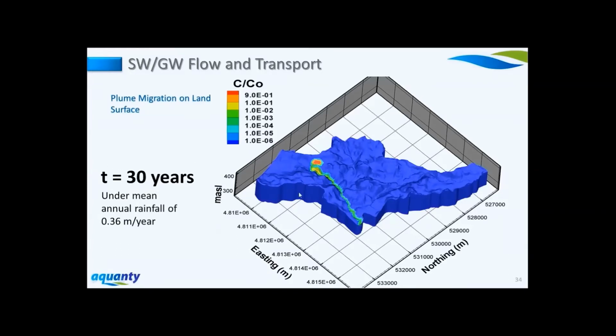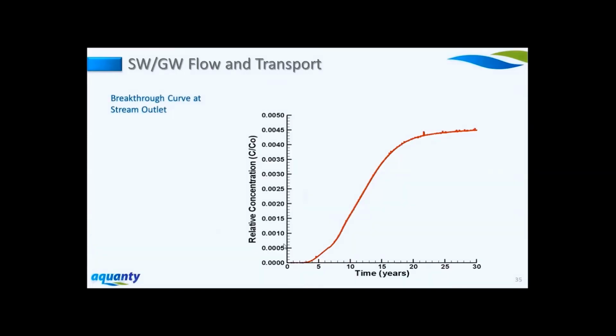If we remember that we're looking at this over time, we can see at a certain point, we reach a steady state solute concentration at the outlet to that subcatchment that we're simulating. So what we initially saw was the surface perspective of that contaminant source.